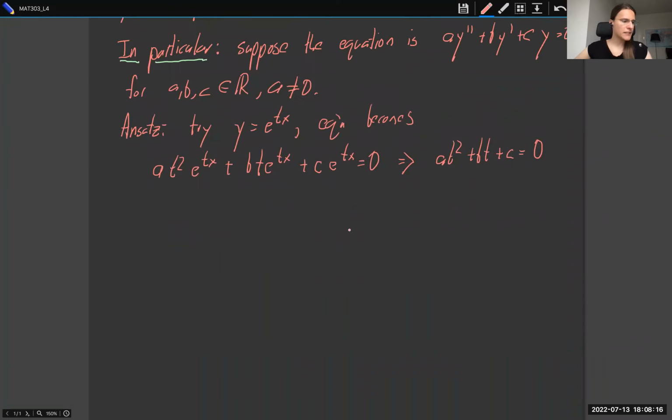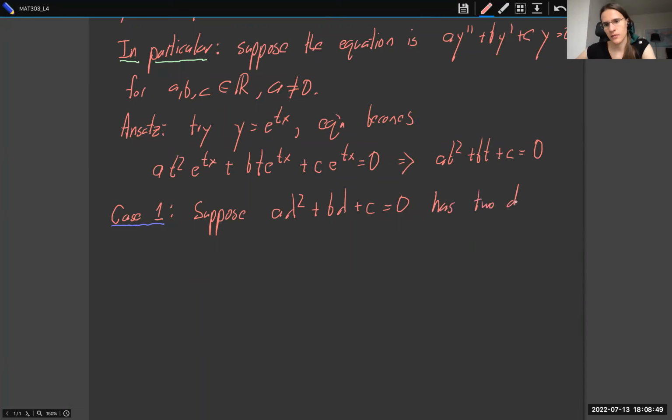And if t is a root of this equation, we can check that we will indeed get a solution. And so then we have several cases. Case 1: suppose the equation a lambda^2 + b lambda + c = 0 has two distinct real roots, t1 and t2.